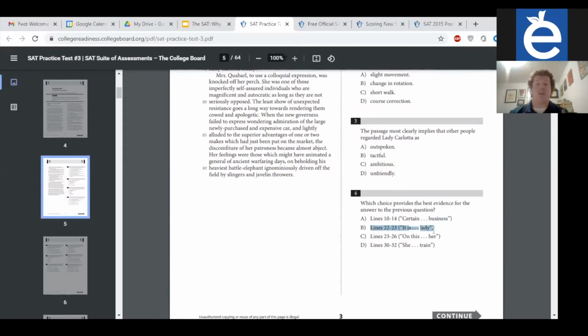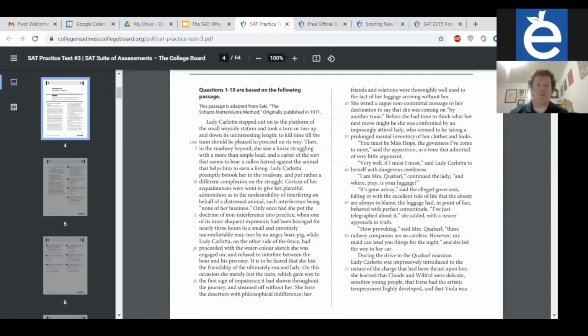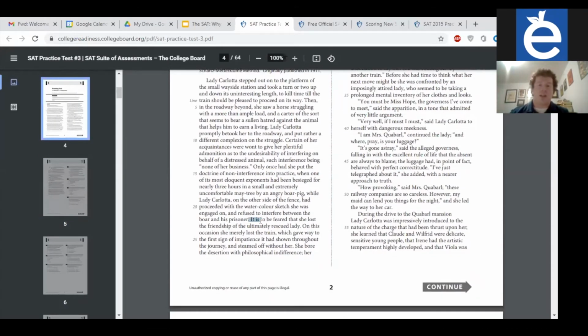Moving on to option B, lines 22 through 23. It is to be feared that she lost the friendship of the ultimately rescued lady. It doesn't quite give us the perspective of other people or what they're doing.